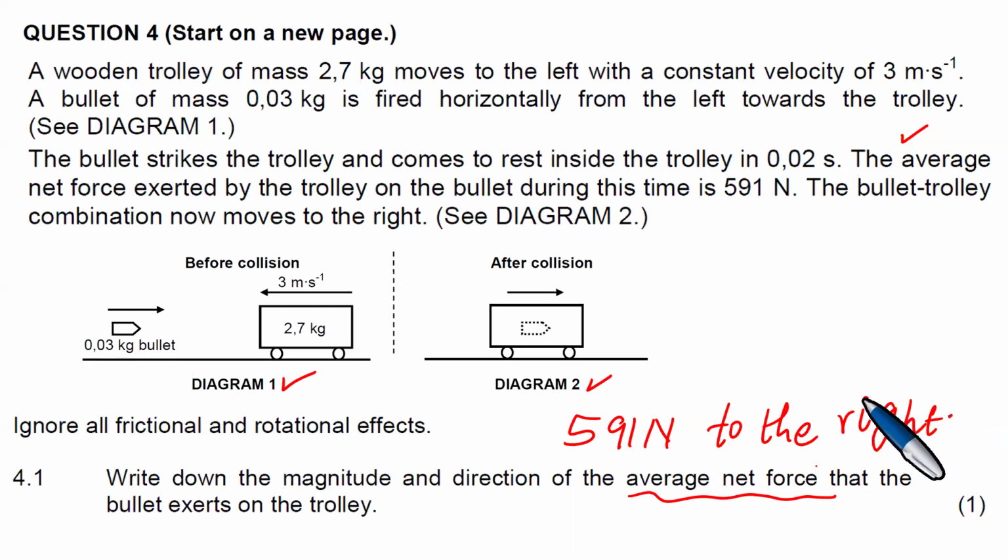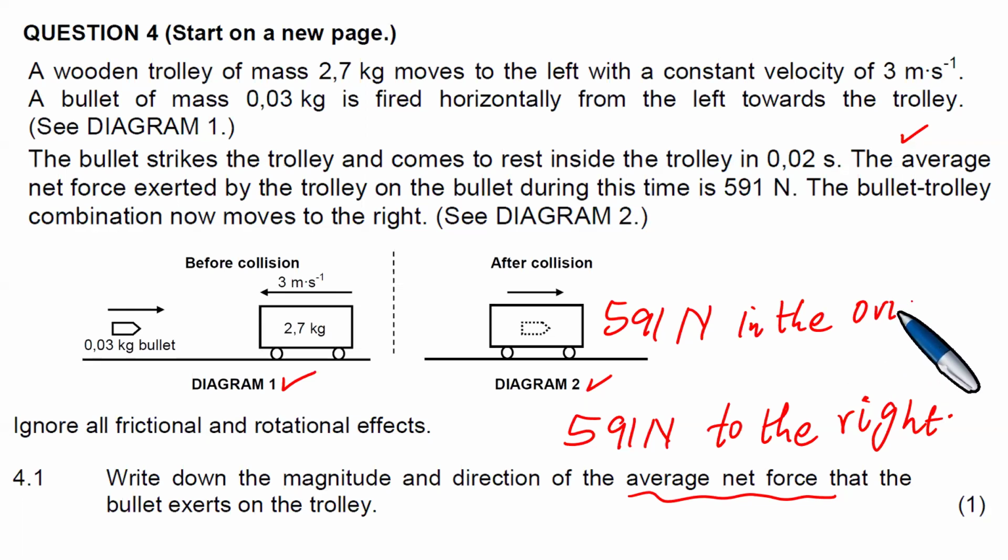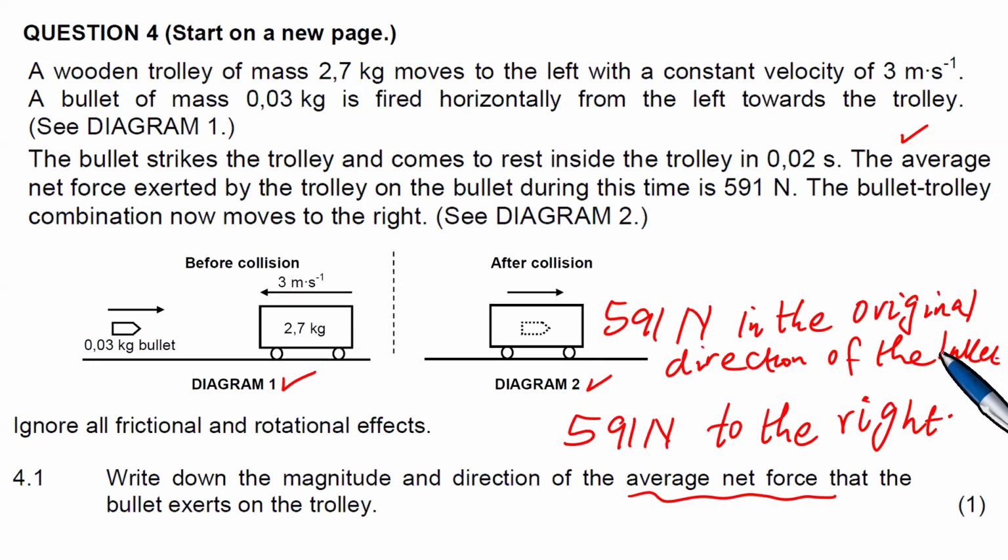Okay, and obviously you can say it is to the right, or you can say it is 591 newtons in the original direction of the bullet.